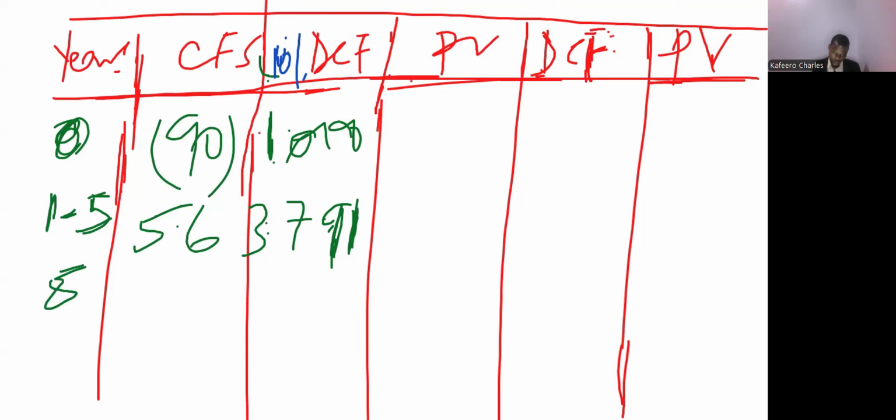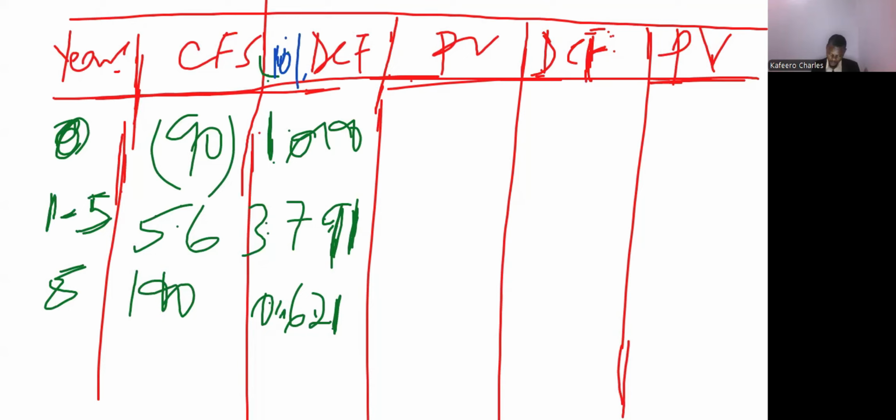So we also have to redeem at the end of the fifth year. In the fifth year we are redeeming, but they told us we are redeeming at par, which is 100. This is a present value because we are redeeming once. So it is going to be the discount factor, 10%, 5th period, which is 0.621.